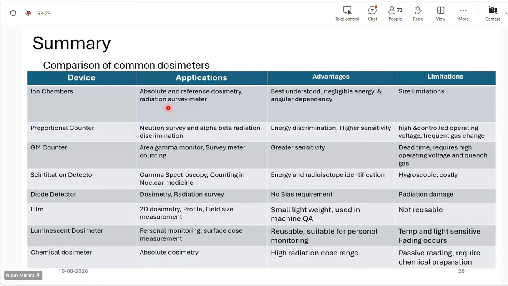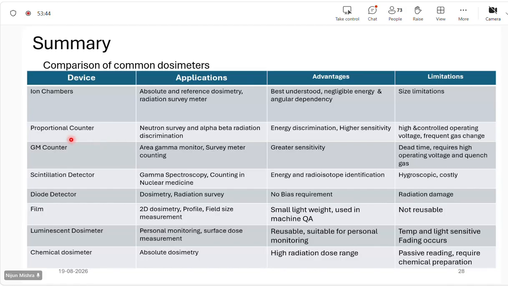Advantages are well understood, negligible energy dependency, and angular dependency. Limitations: there is some angular dependency, like for parallel plate chamber, and it has a size limitation.